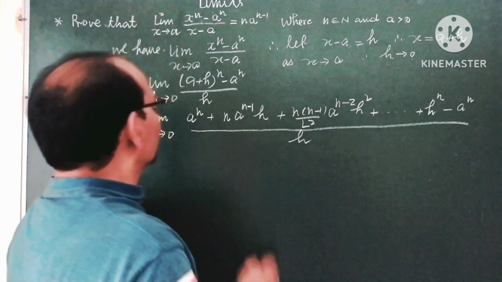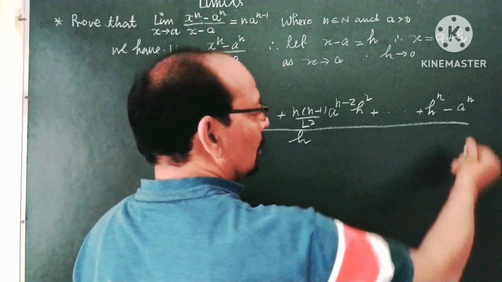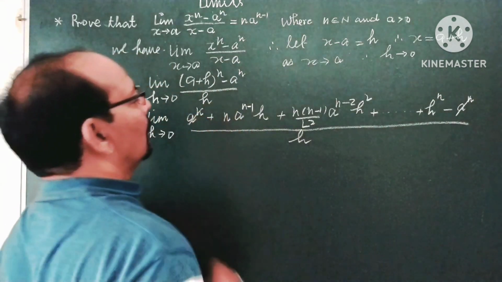We observe that the first term is a raised to n and minus a raised to n is given. Therefore, these will be cancelled.